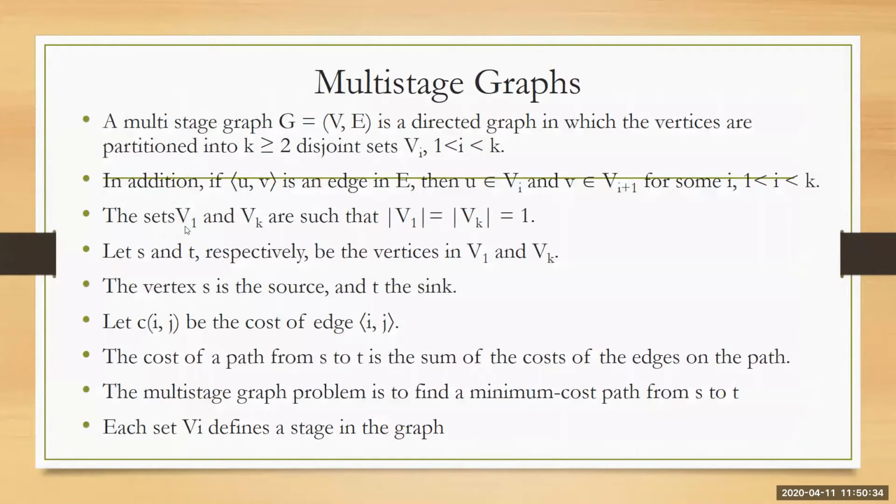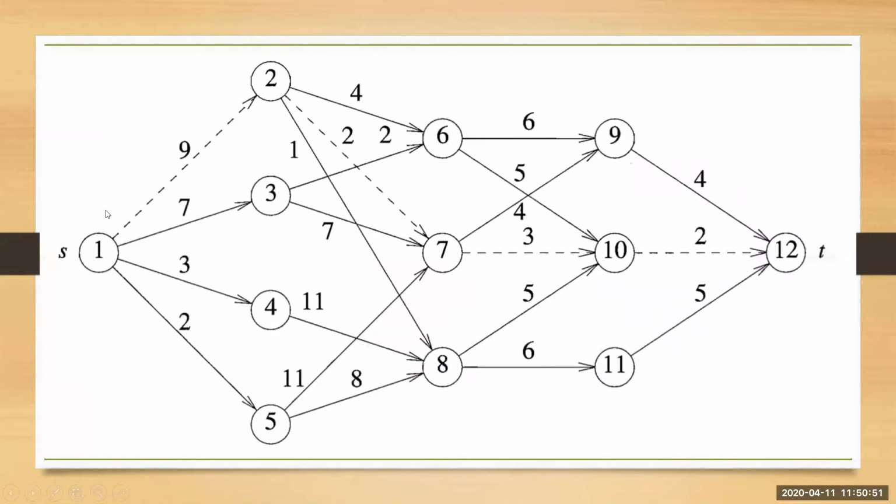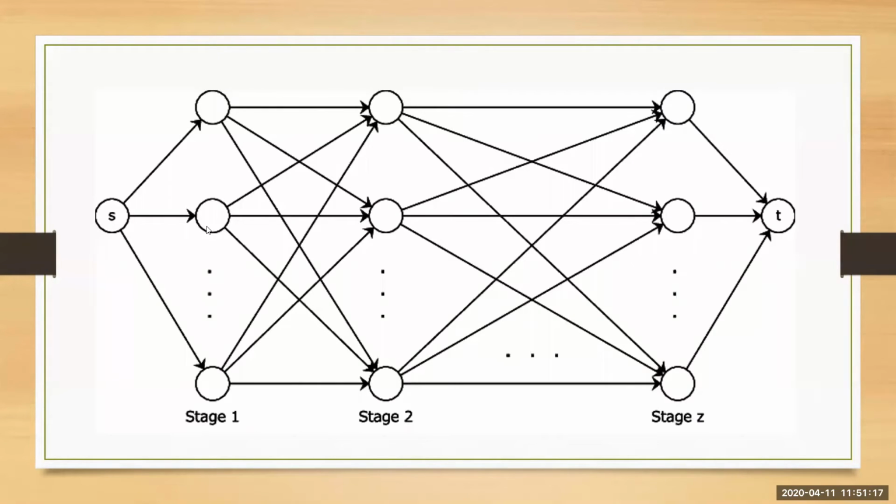The sets V1 and Vk are such that, so what is V1? V1 is the stage 1, this one. The source, where a single vertex is present, is called V1. Apart from the stages, it contains two more vertices.